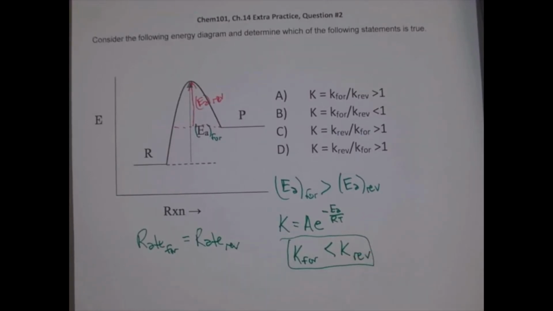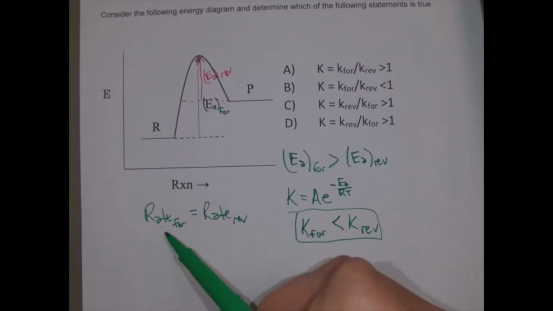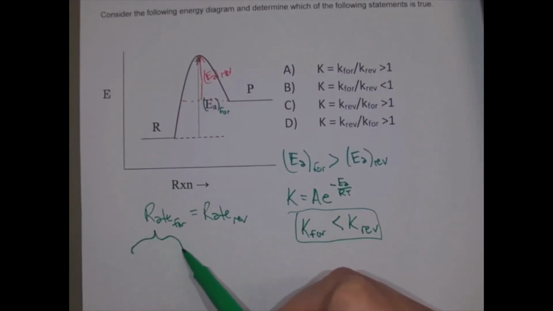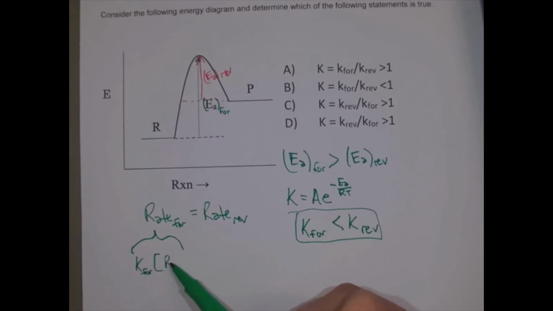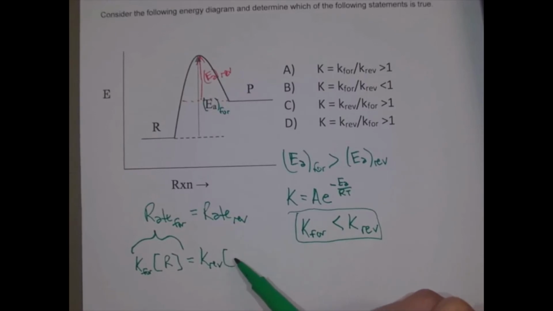And we could expand that out, because we know how to write rate laws. The rate of the forward reaction would be the rate constant of the forward reaction times the concentration of the reactant. At equilibrium, that equals the rate constant of the reverse reaction times the concentration, in this case, of the product.